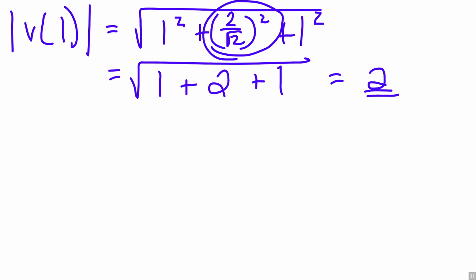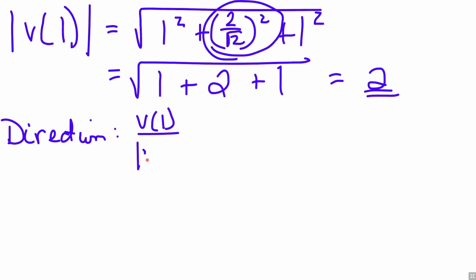Okay, so next we're going to deal with the direction of motion. So we're dealing with the velocity. We're going to take the velocity vector, evaluated at 1, over its speed.